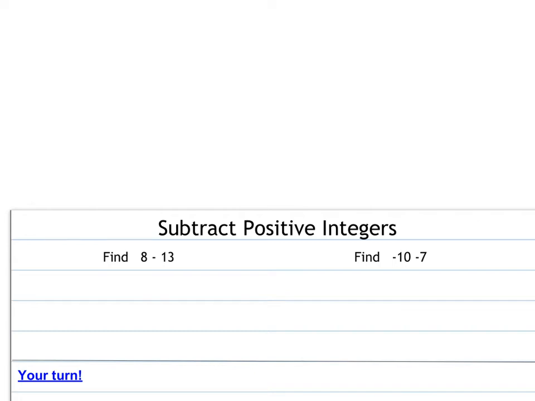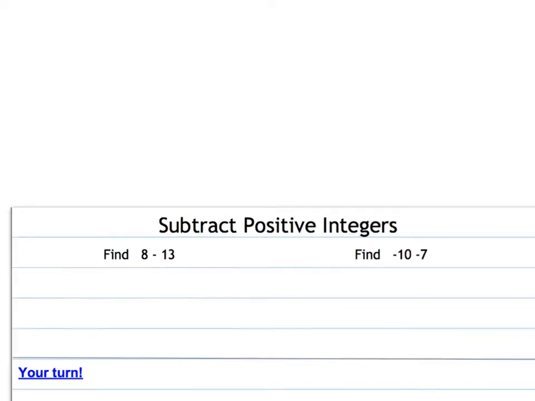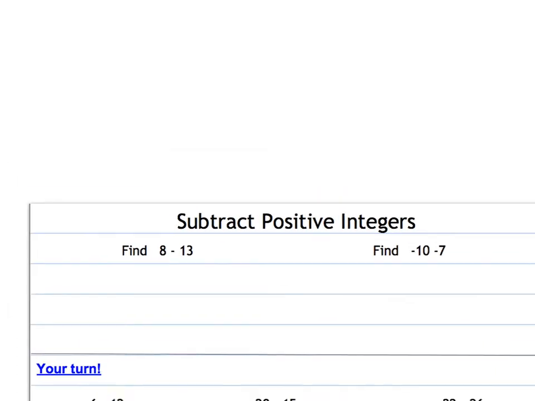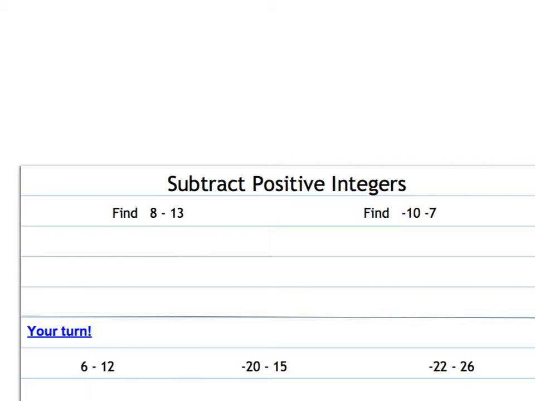So let's work on subtracting positive integers. So if we have 8 and we're going to take away 13, again, if you're not sure, try to give yourself a situation to help you. So if I have 8 of something and I owe someone 13, that's taking away 13, I'm going to say I'm going to add the opposite.